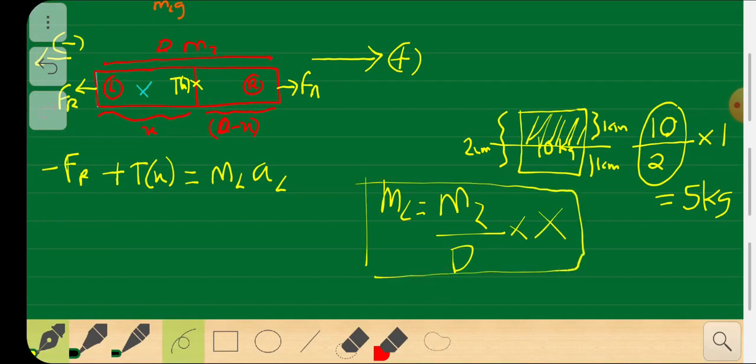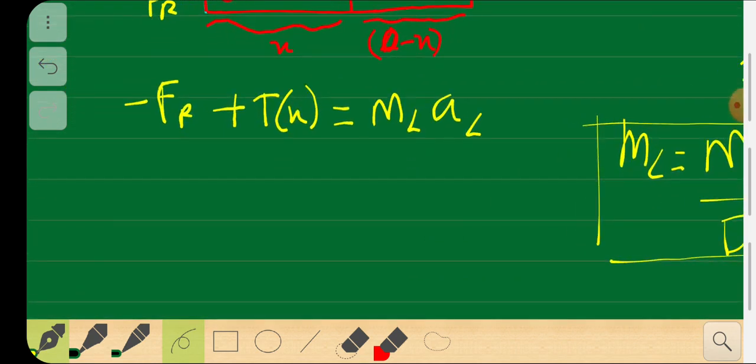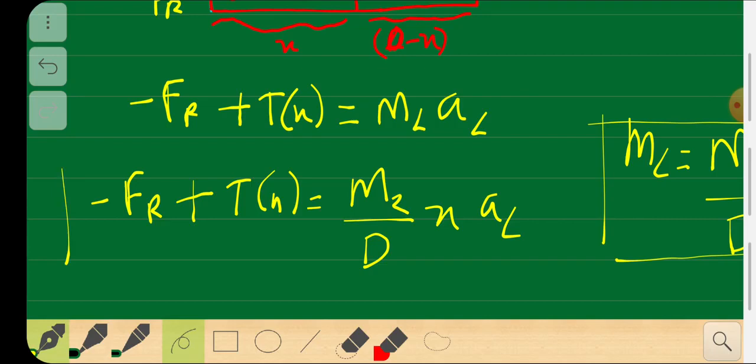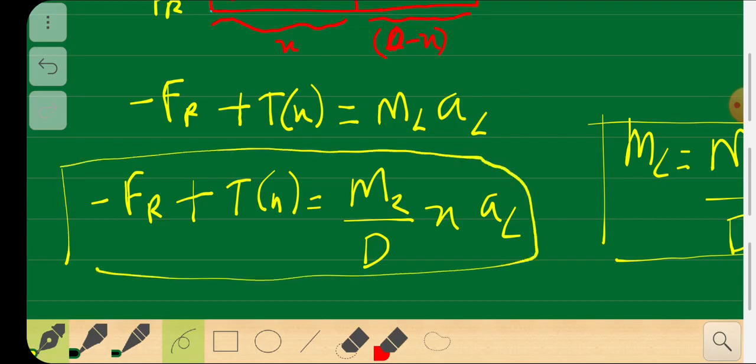Substituting the ml value here, I get minus Fr plus T of x must be equal to m2 by D times x times al. That's the equation here. Let's call this equation 1.